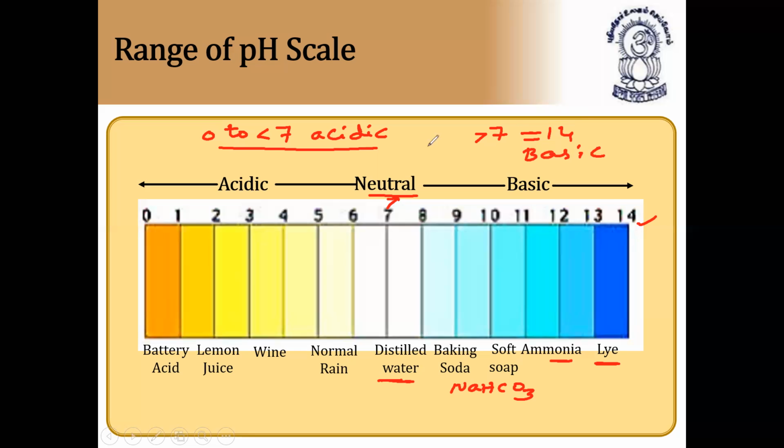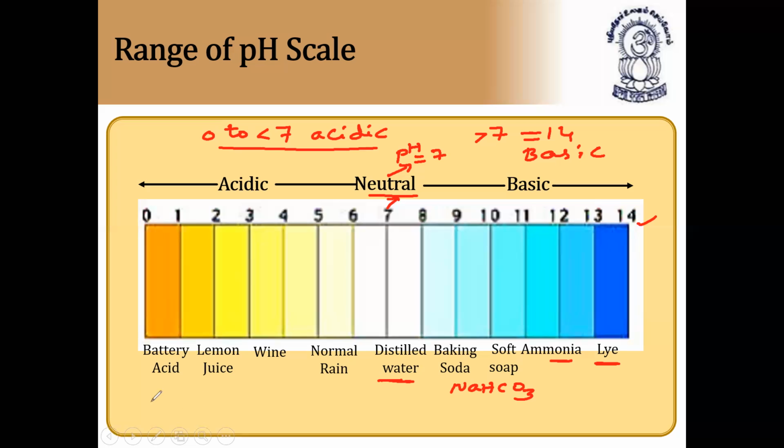And if the pH of a solution is equal to 7, it is neutral. This value you already know. The lesser the pH value of an acid, the more strongly acidic it is. And the greater the pH value of a base, the stronger the base.